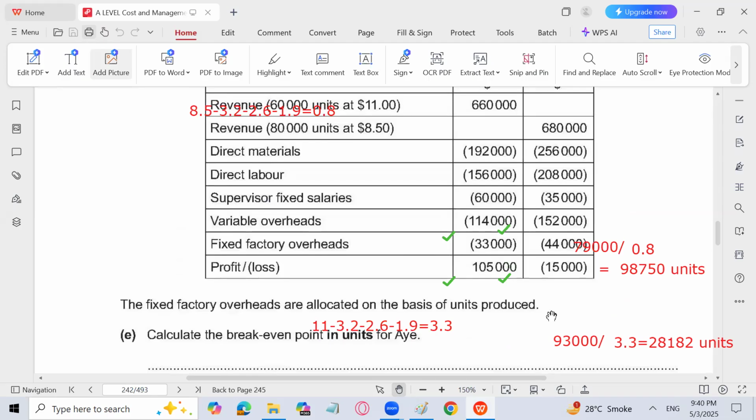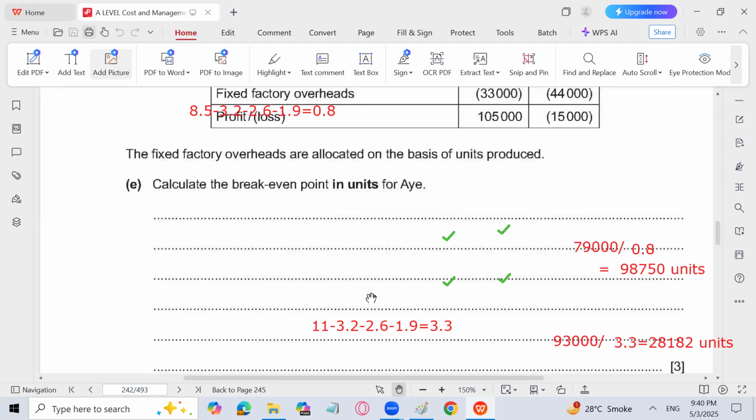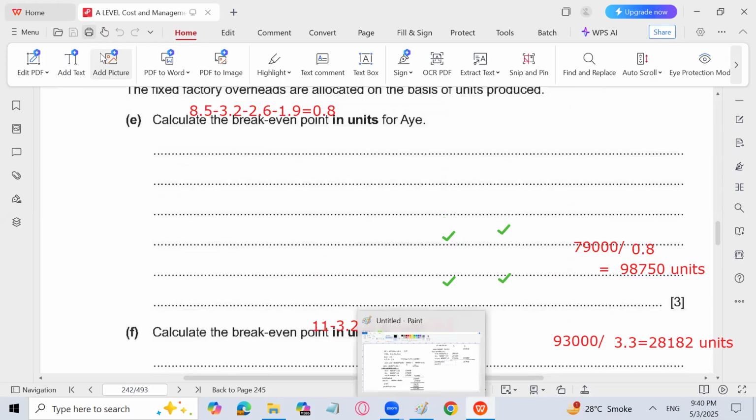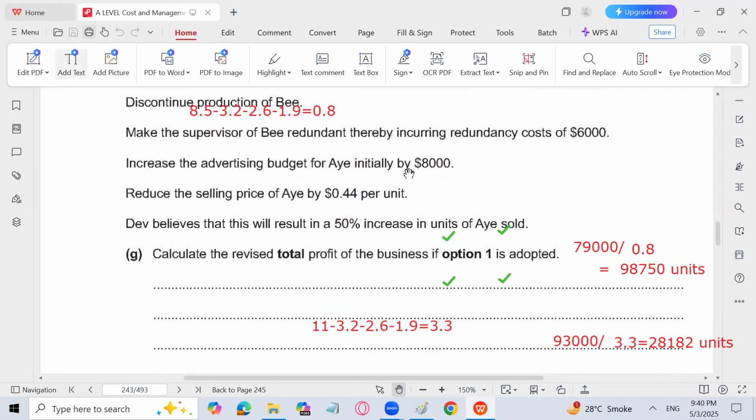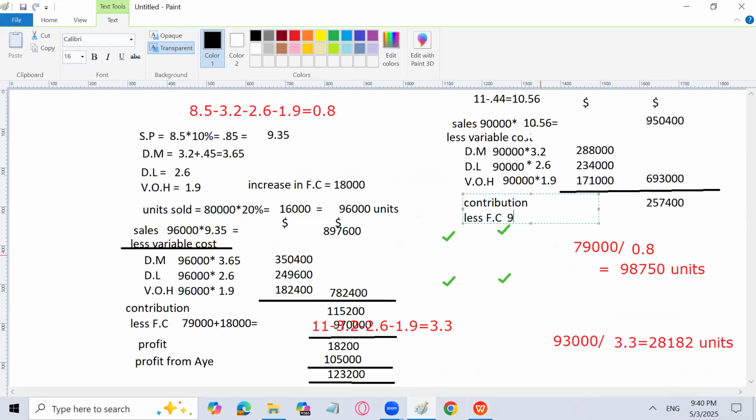This 8,000 will increase because of advertisement. So I will write 93,000 plus 8,000, that is 101,000.